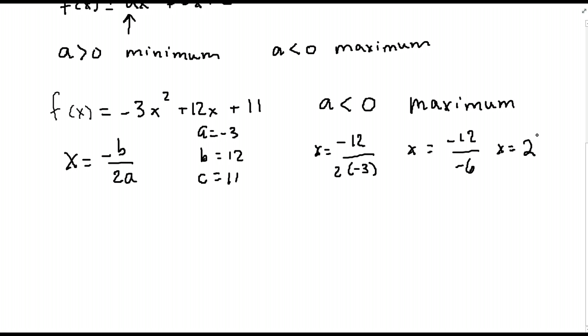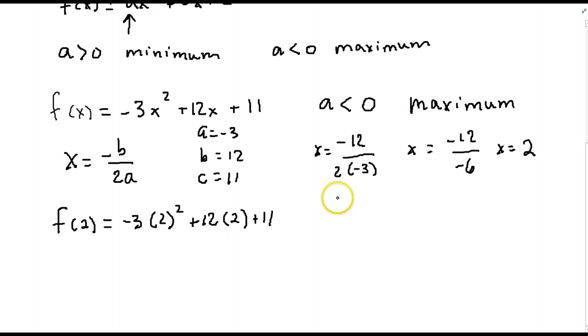Okay, but we know it's at 2, but what is our y value? That'll really tell us our maximum. So we know our axis of symmetry, and now we need to know the vertex, to know the y value. How high does this parabola go? So again, we take that axis of symmetry value, 2, and put it into our function: f of 2 equals -3 times 2 squared, plus 12 times 2, plus 11.